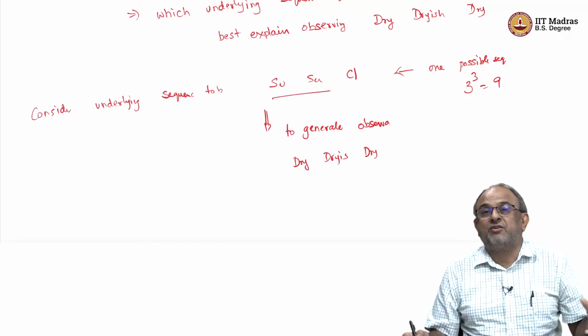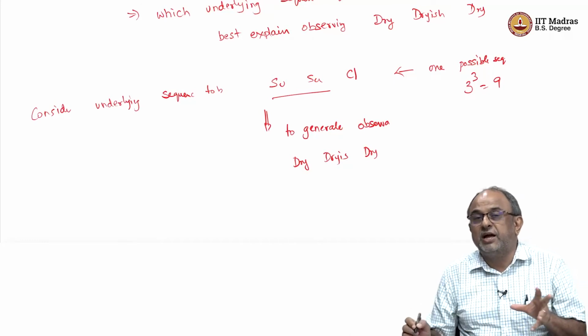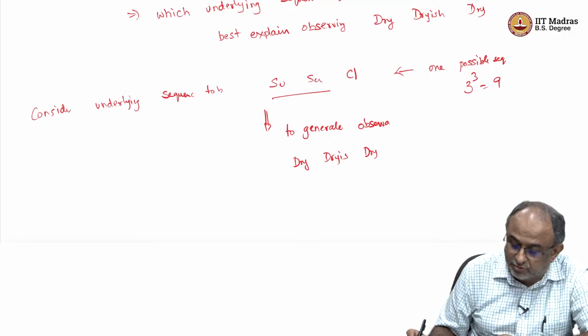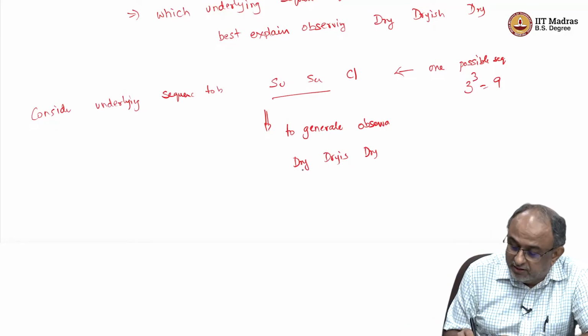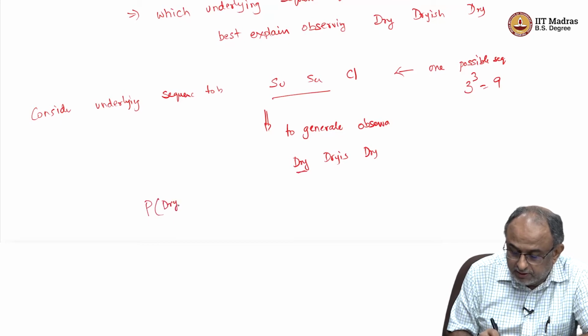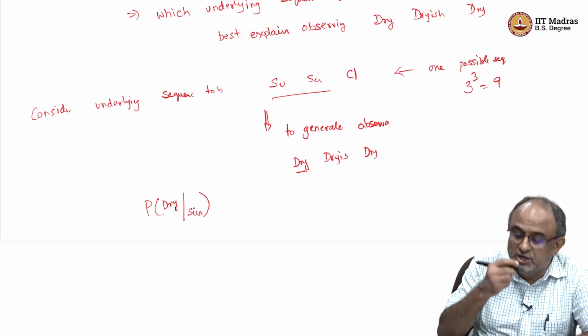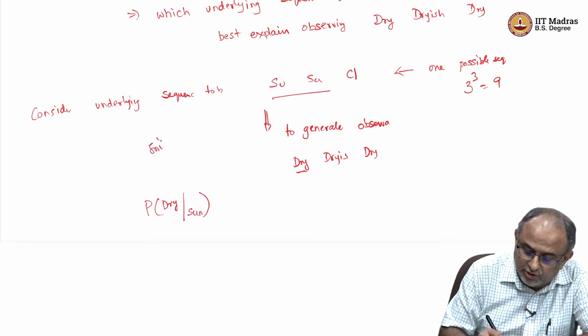We said this is going to be done by a combination of the transition and the observation probability. So, what did we say? This is the probability of dry given it is sunny, and we have to start from some initial state. So, the initial state was cloudy or something, initial is cloudy. Okay.